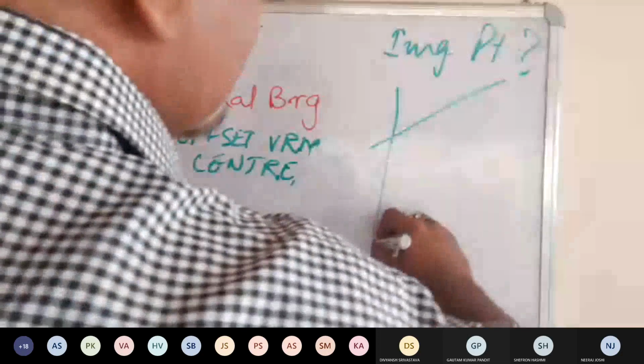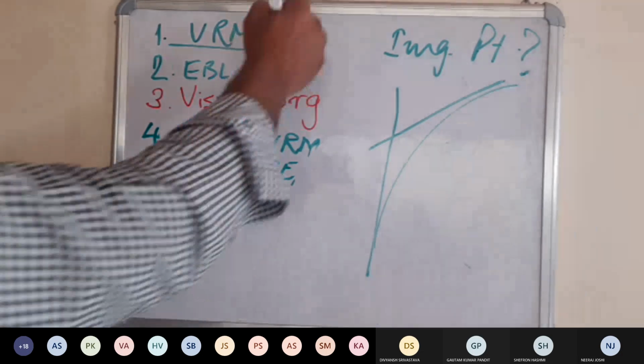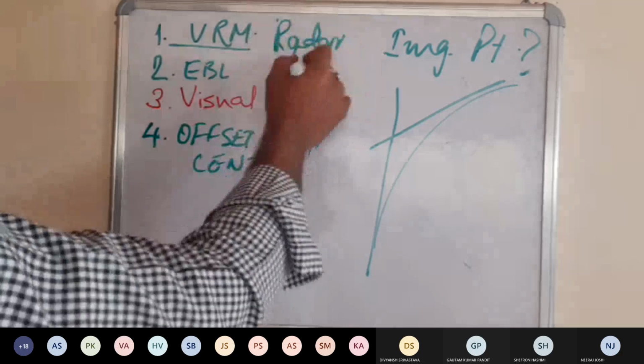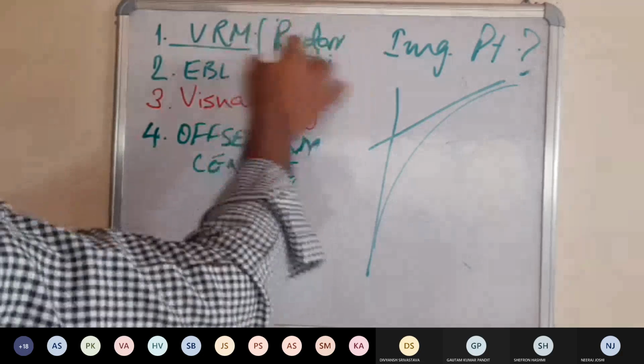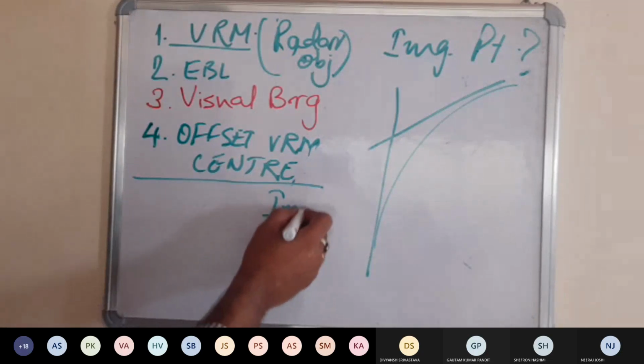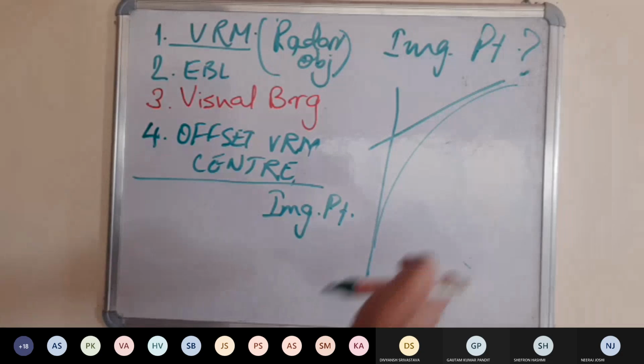You have the turn like this, but nothing to see here. So this was the case with radar object. Now, in case of imaginary point, what we should do? There is nothing to watch.